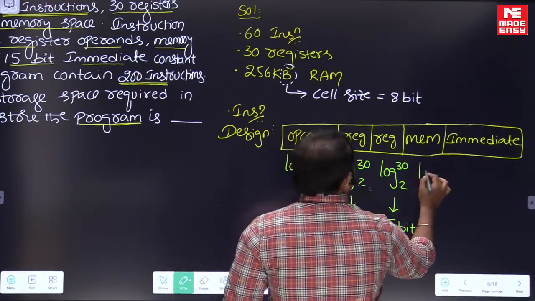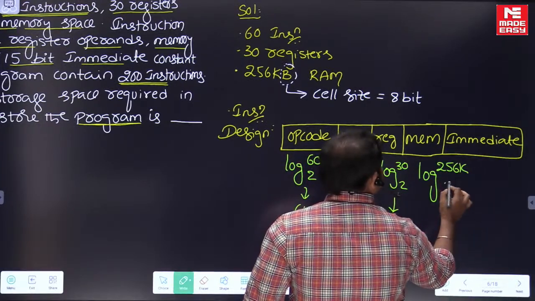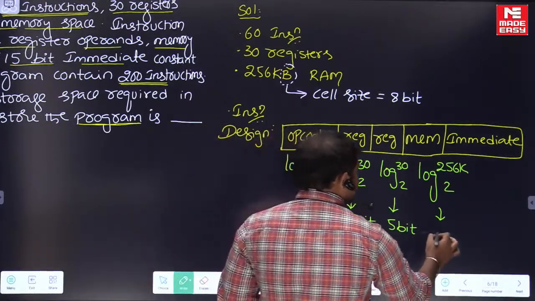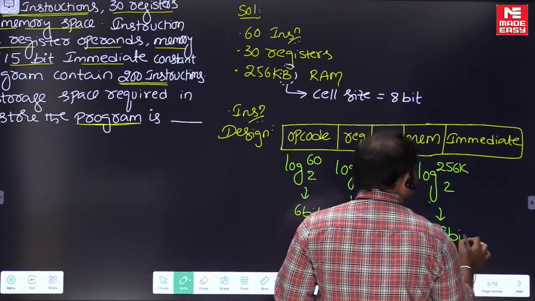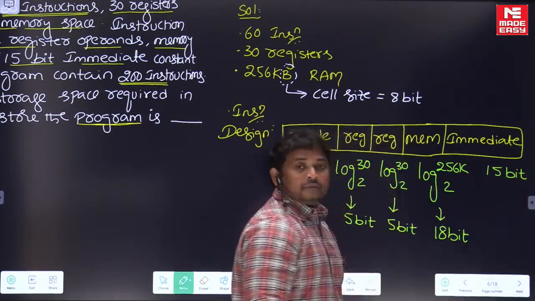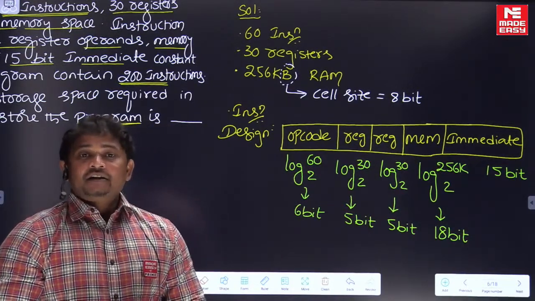Memory: here 256 kilo cells are given. To represent 256 kilo cells, how many bit address are required? 18 bit address required. Next, a 15 bit immediate field is given, already given in the question.